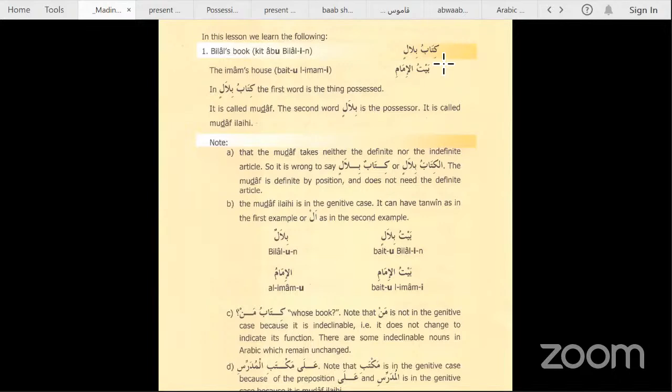Can anyone from the WhatsApp group read it? Yadi ala kitabillahi. Correct. So you see here, my hand is on Allah's book. So the word kitab is getting a kasra now.